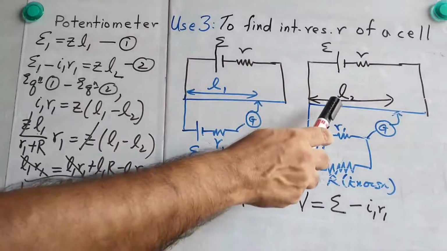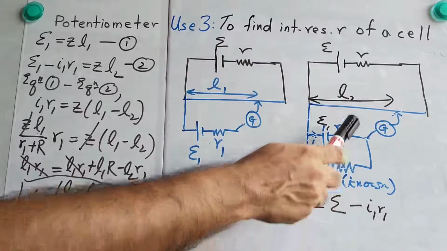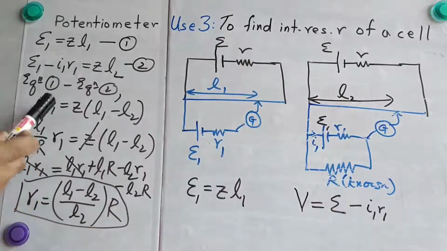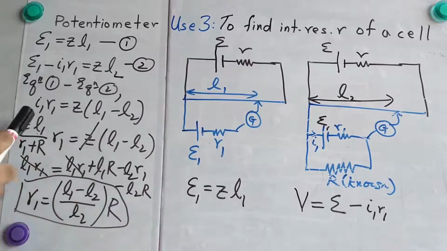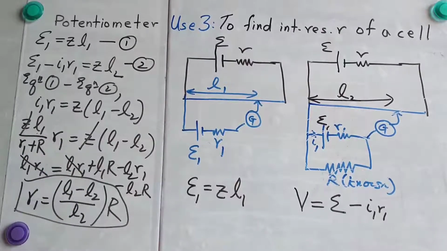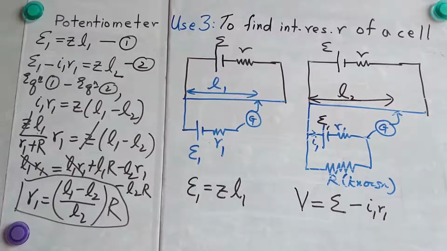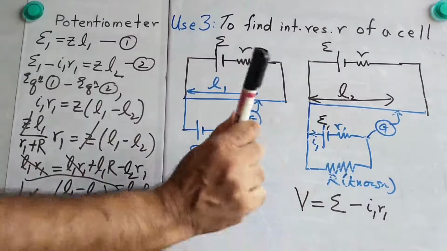Then I1 is equal to E1 by (r1 plus R). So we put that, again we got E1, but E1 is Z into L1. So Z is cancelling out. And once Z cancels out, r1 becomes (L1 minus L2) because L1 will be more than L2, L1 minus L2 divided by L2 into capital R. Capital R, the external resistance that we connect here, that is known to us.